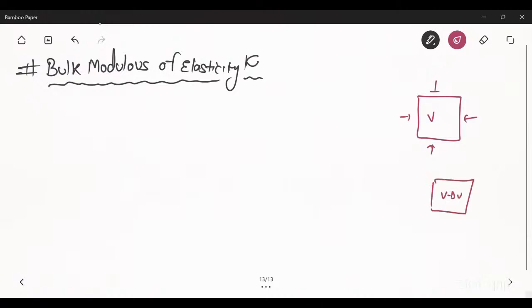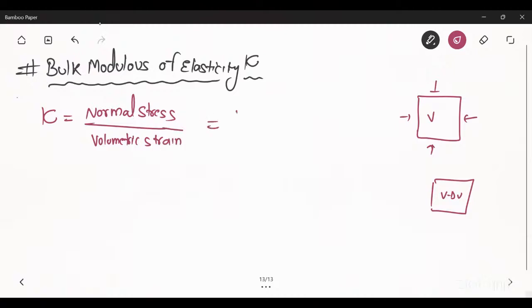So the bulk modulus of elasticity is defined as the ratio of normal stress to the volumetric strain, within the elastic limit. Normal stress, or you can say hydrostatic stress, is F upon A, and volumetric strain is minus delta V upon V, as we discussed in the previous slide.